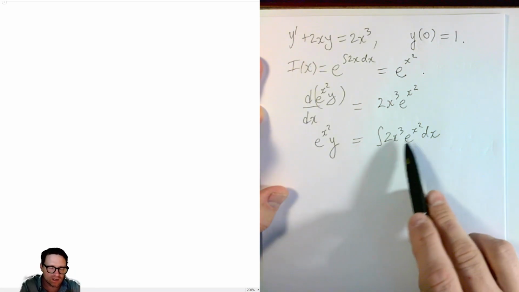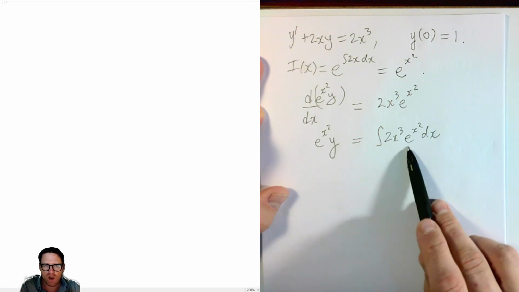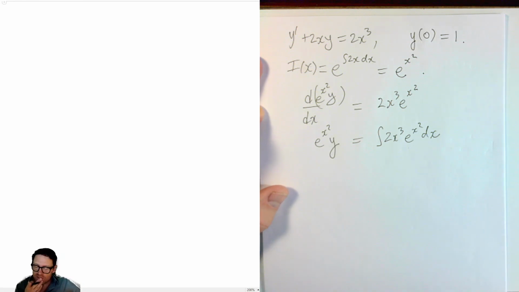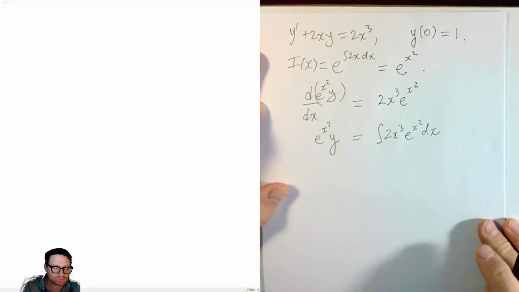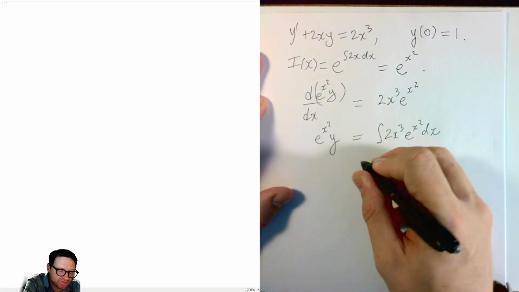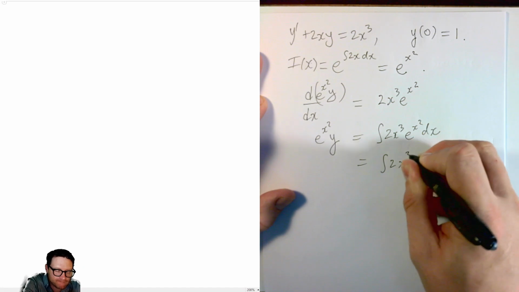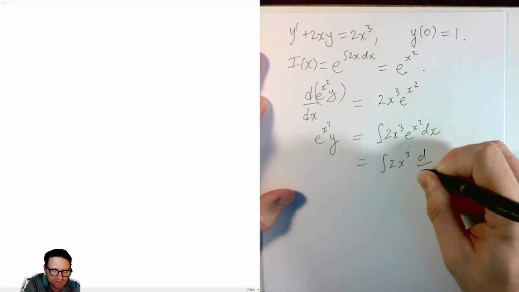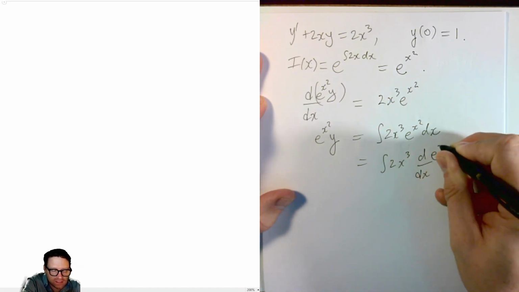Now this looks like it would be just a substitution, but not quite, so not so fast. All right, so what you actually need to do here is do an integral by parts again. So let's transform this e to the x squared into a derivative. So derivative of e to the x squared.